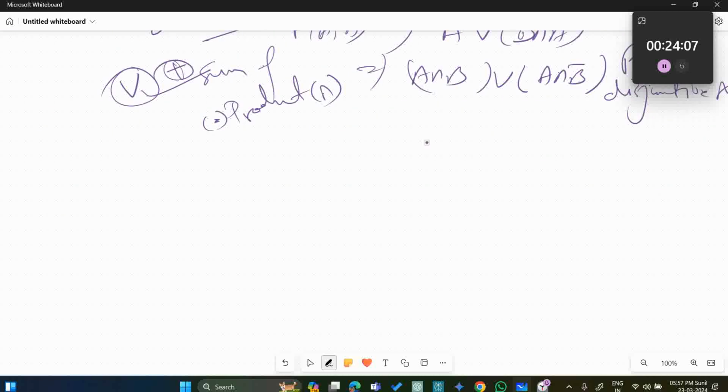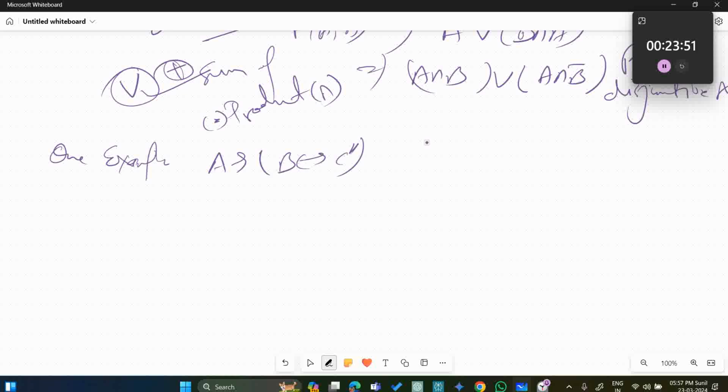One example for you guys is A implies B intersects C complement. Alright. So biconditional C complement.